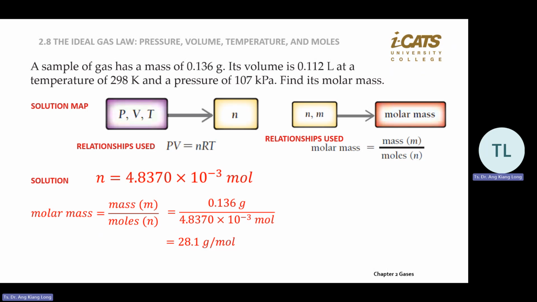So it may not be in the periodic table, but it can be a combination of gas, right? Gas can be H2O, it can be different kind of molecules. If we tell you that it is a pure gas, it means it's a CO2 or nitrogen, oxygen, helium, and so on.